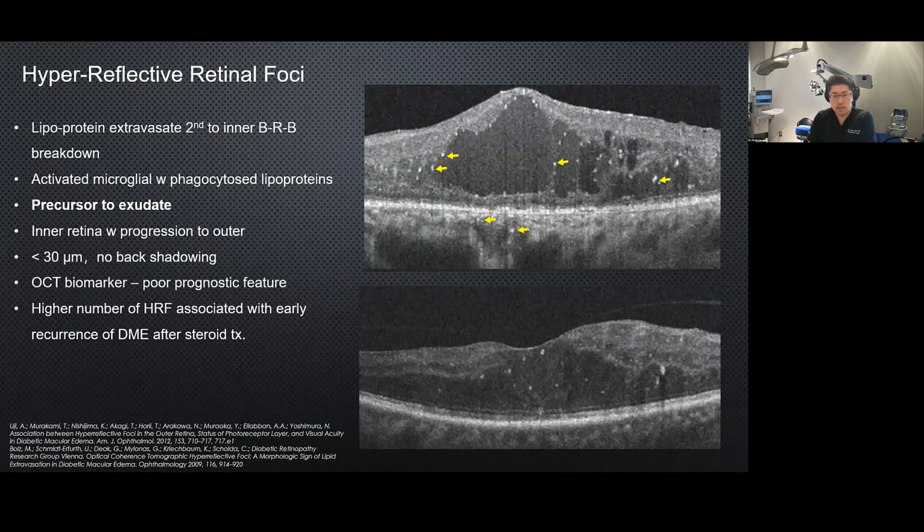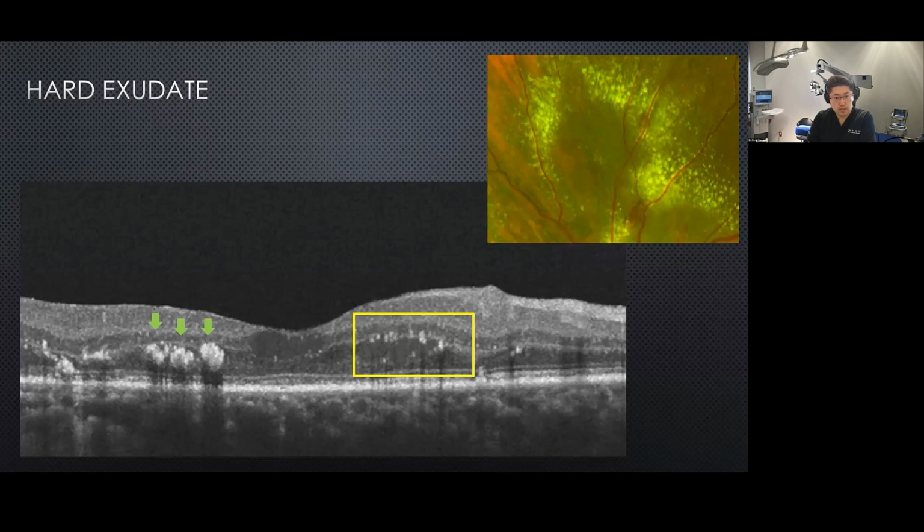Hyperreflective foci in the context of DME and vascular leakage signify protein materials being released from breakdown of the inner blood-retinal barrier. They are thought to be precursors to hard exudates, which are not something you want to see close to the fovea, as you see in these patients.